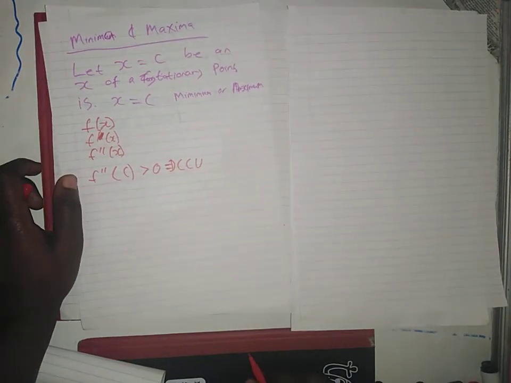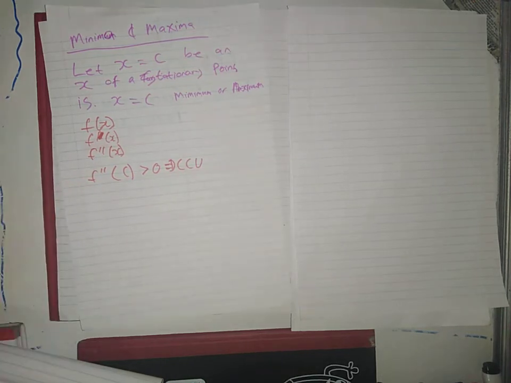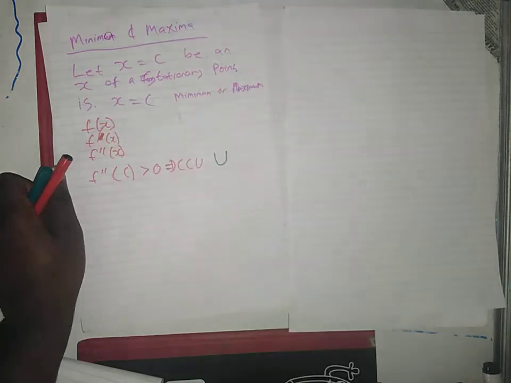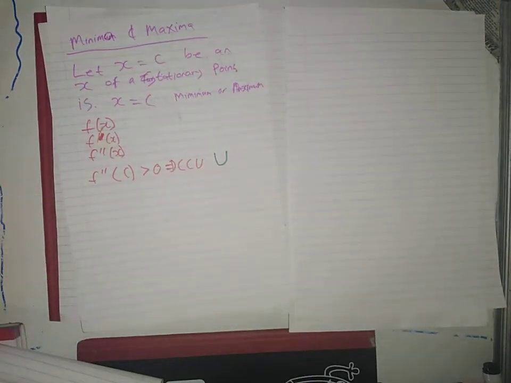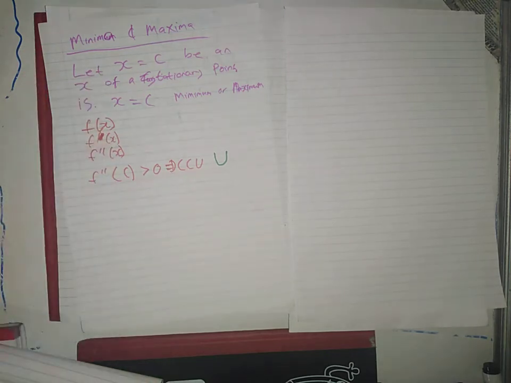Now, when you have a function that is concave up, the graph will be like this. Now, remember what we said earlier. We said that this value is a turning point that we are talking about here, and we want to know whether it's maximum or minimum.